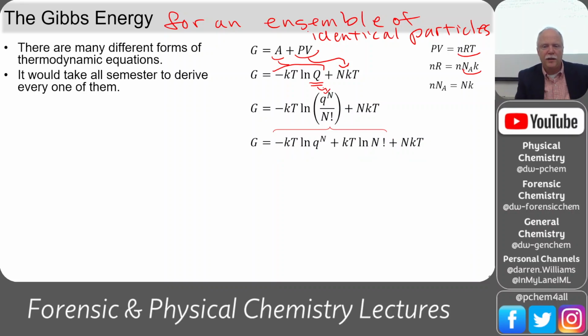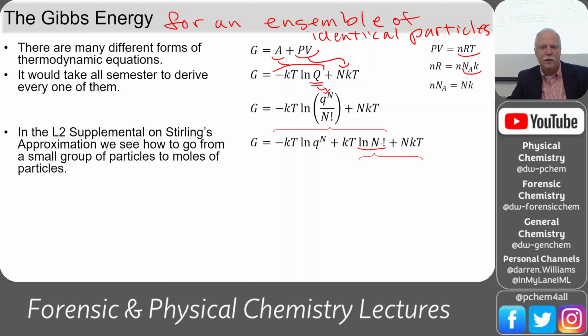And so then we can break this apart, right? We're in the natural log, and so we can take that ratio and make it a difference. So this first piece is negative, so the next piece is going to be positive. So that's where we have the kT ln factorial. And then we have that Stirling's approximation where we can get rid of this factorial piece. Okay. And so that becomes n, the natural log, and minus n.